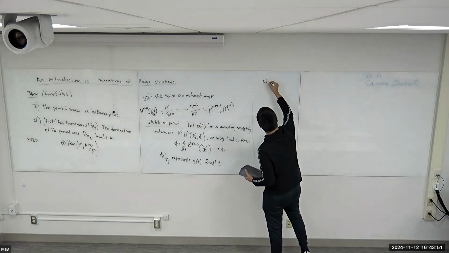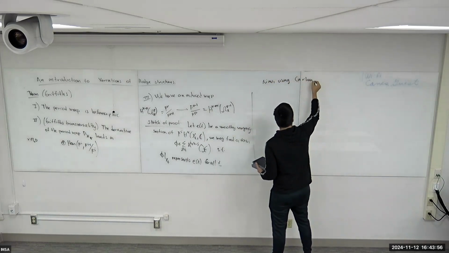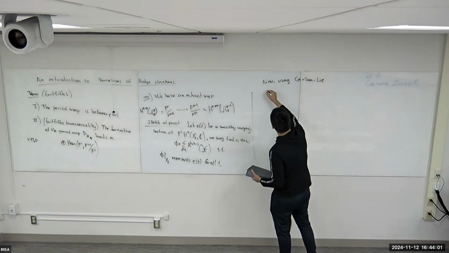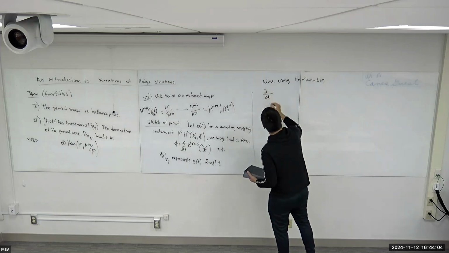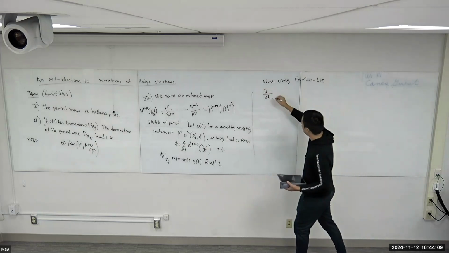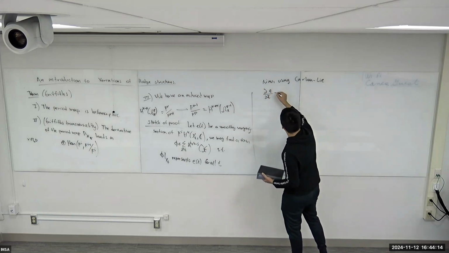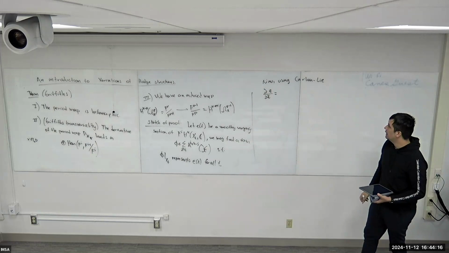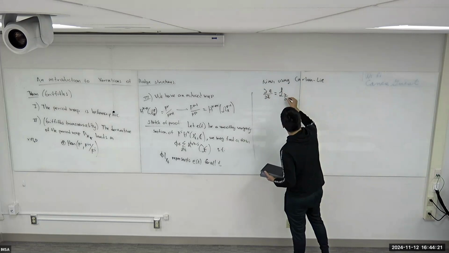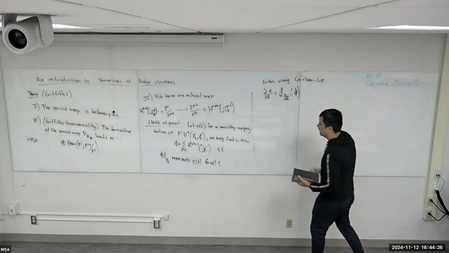So now, using Cartan-Lie, this is telling you that if we consider the derivative first with t bar of this smooth section, this is going to be the Lie derivative of the vector field t bar applied with 2 pi.